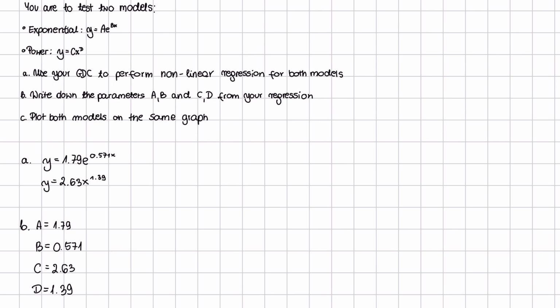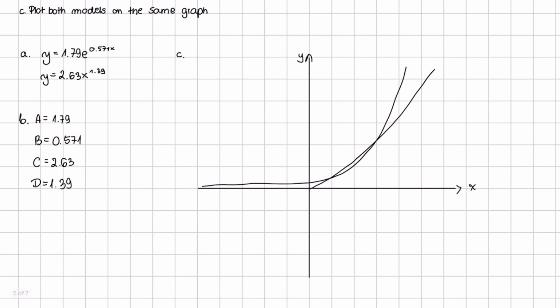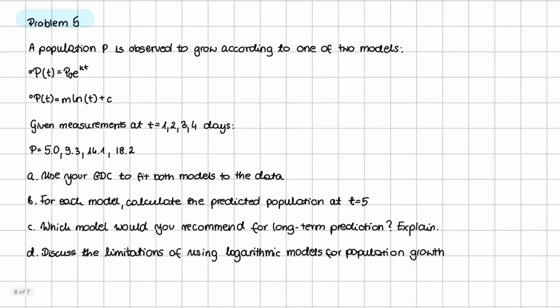And in C we have to plot both models on the same graph. So these are our functions after graphing them. This one is exponential, and this one is power.